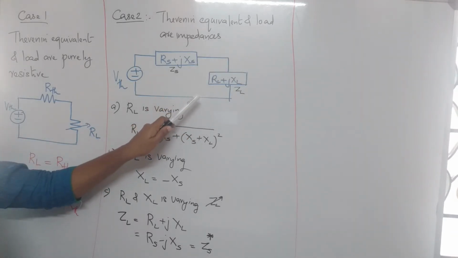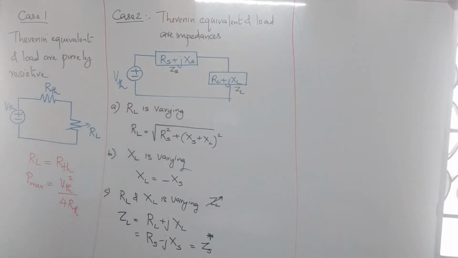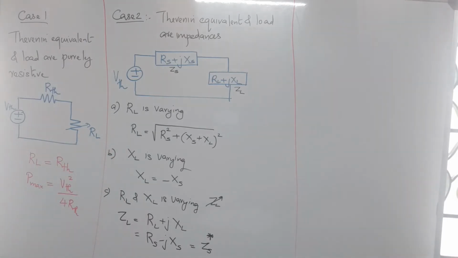In such cases, the value of RL for which maximum power transfer should take place is RL should be equal to root of RS squared plus XS plus XL the whole squared. The second case is just the imaginary part is varying. That is, XL alone is varying. In that case, for maximum power transfer, the value of XL should be equal to minus XS.